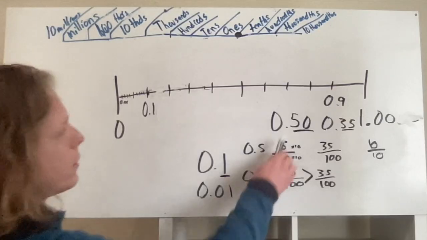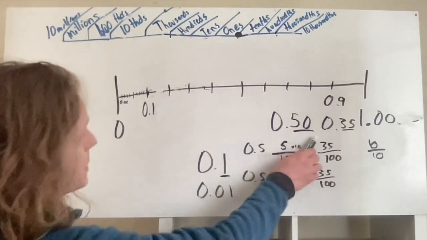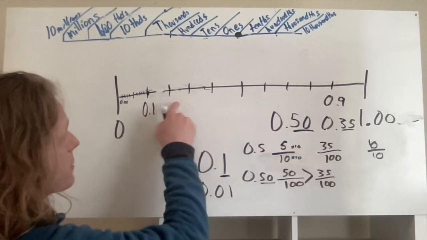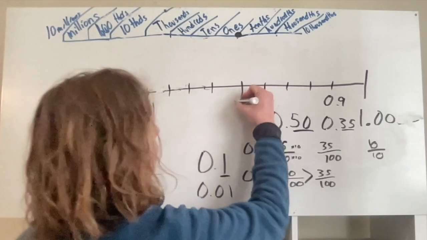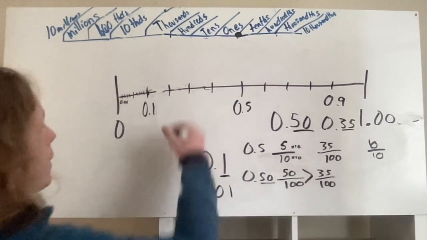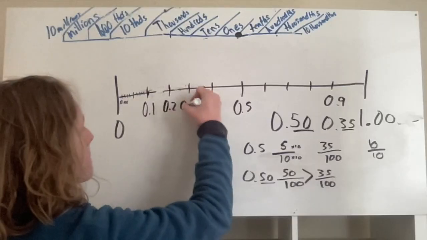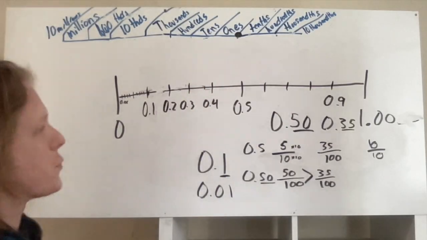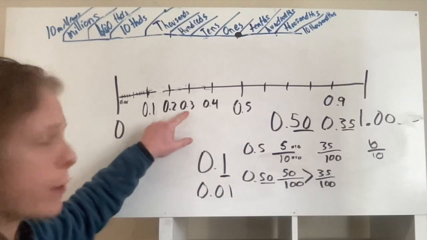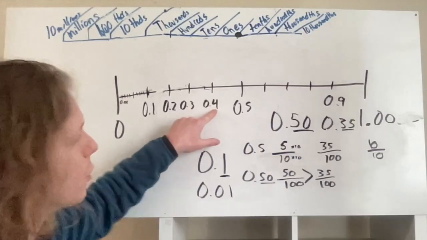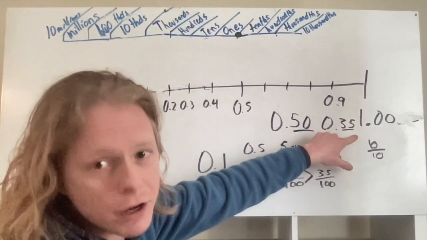Okay, on the number line, where would these go? Well, 5/10 or 50/100ths is right here. 0.1 tenth, 2 tenths, 3 tenths, 4 tenths, 0.5, right? 5 tenths goes right here. Okay, so if 3 tenths or 0.3 is here and 4 tenths, 0.4 is here, where would 35 hundredths go?